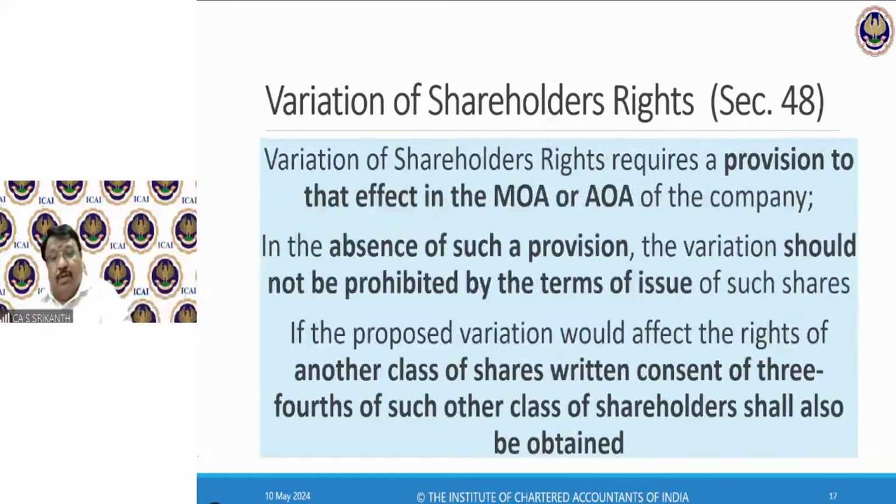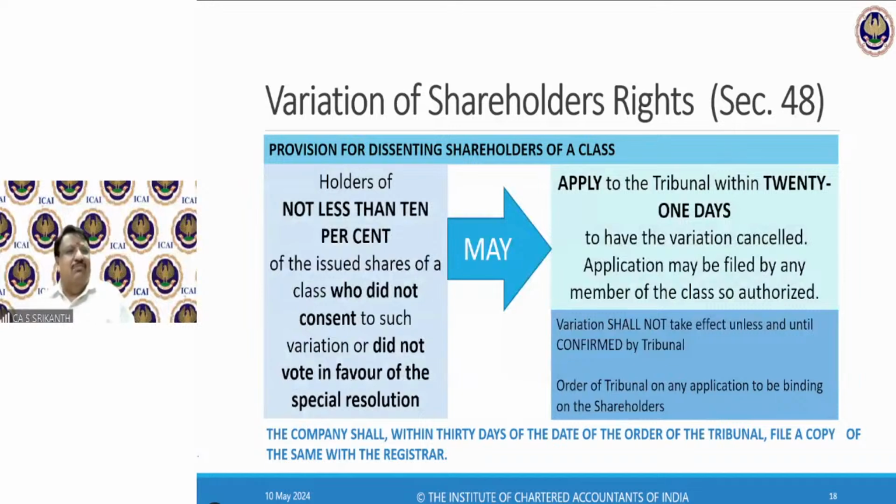Out of that, some people are dissenting. Holders of not less than 10% of the issued shares of a class who did not consent or did not vote in favor of the special resolution can apply to the tribunal to have the variation cancelled. Thereafter, the tribunal will go through it and decide. The variation shall not take effect unless and until confirmed by the tribunal. Whatever order given by the tribunal is binding on the shareholders, no more appeal, etc.